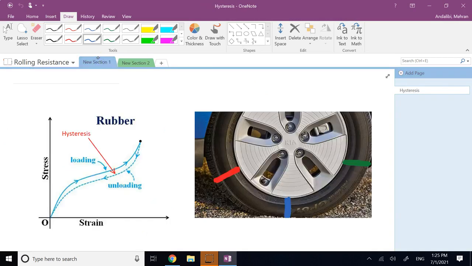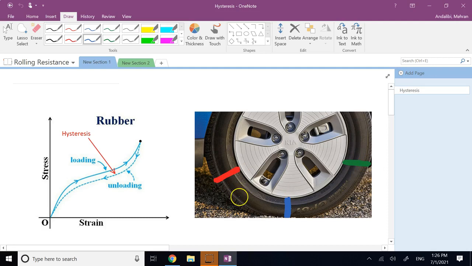So if we look at the example of a tire here, anytime you roll a tire on a flat surface, it would stop. Why is that? If you look at the tire as it is moving in the car, that's one of the reasons when you are driving on the road, correct?